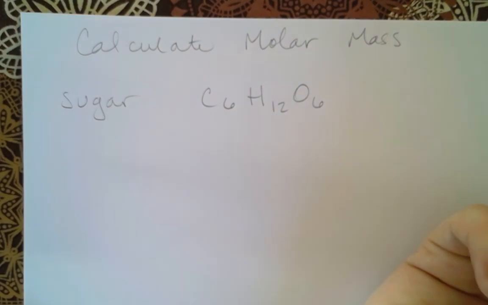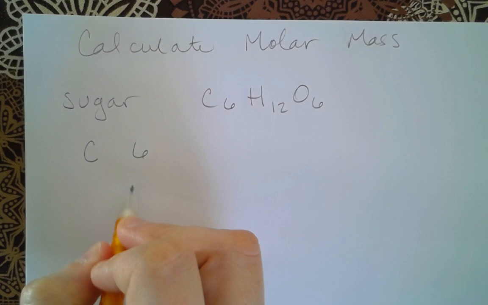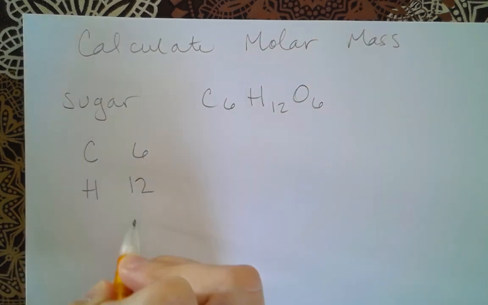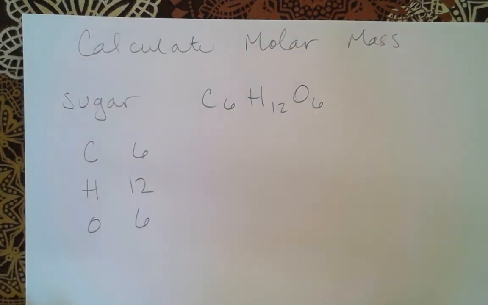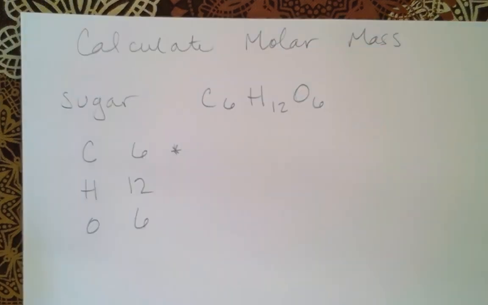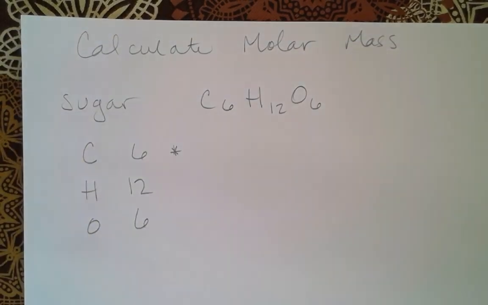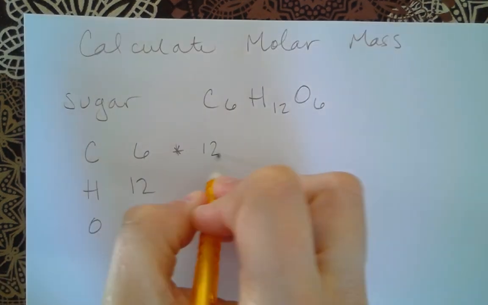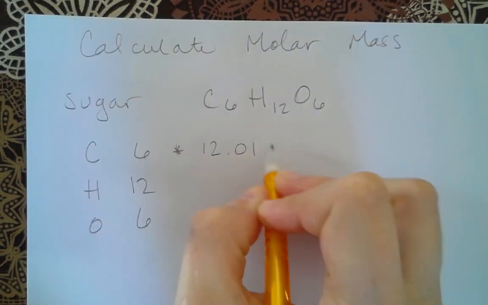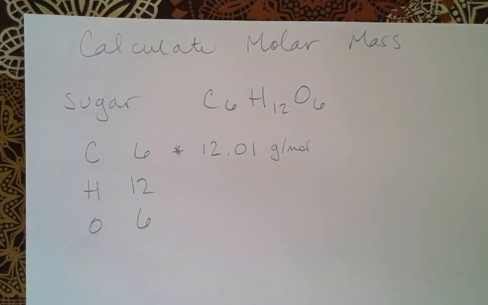And you've got 6 carbons in 1 molecule of sugar, 12 hydrogens, 6 oxygens. You know that a single mole of carbon is 12.01 grams per mole. Your video's behind, but that's okay. In 1 mole of sugar, you have 12 moles of hydrogen.